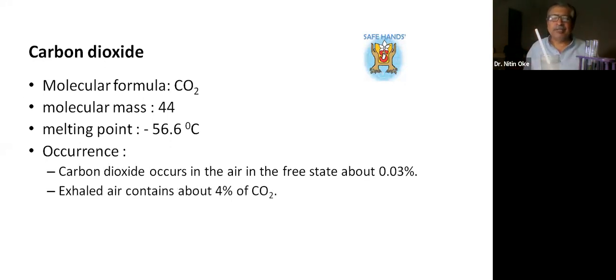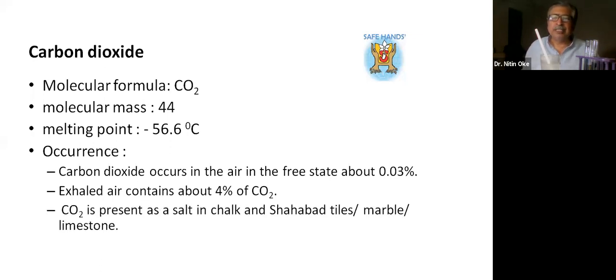Right now you have seen whenever I was exhaling the air, it contains about 4% of carbon dioxide. But it is only related with the exhaled air, not the atmospheric air. Carbon dioxide is also present as a salt in chalk and Shahabad tiles, marbles, limestone.